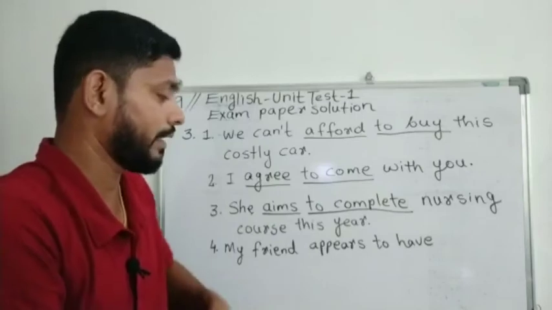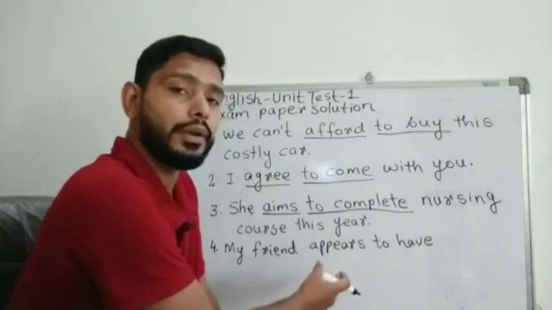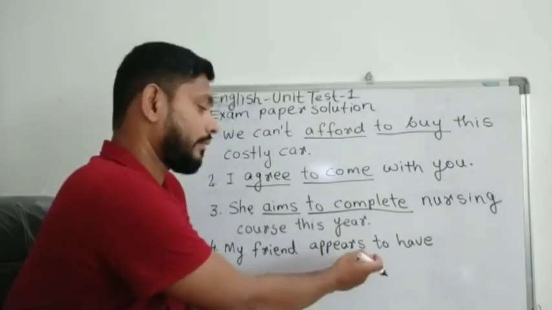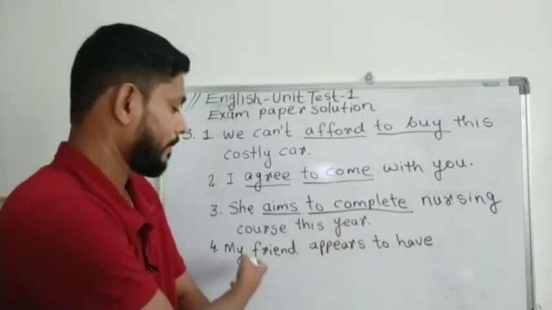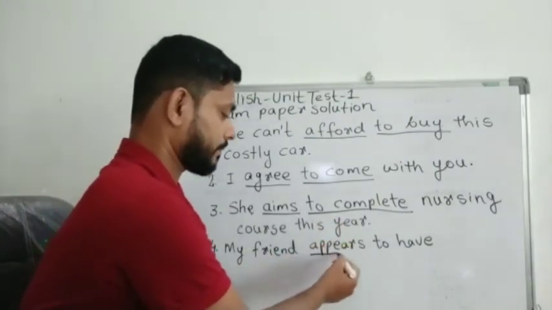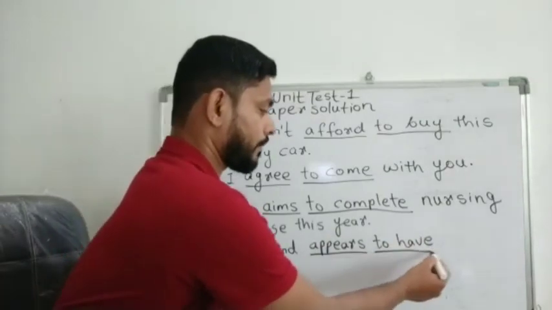And since the subject is singular, the verb should also be singular. We add s or es to the verb for singular, I think you know that rule very well.